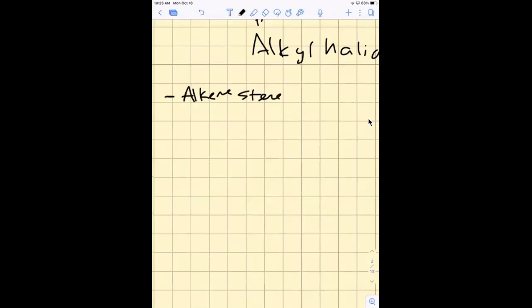Wait, did you say to put the reagent on the front and the reaction on the back? What did you say to put on the flashcards? No, the reaction, like write out the reaction. I'll show you. I'll give you an example.